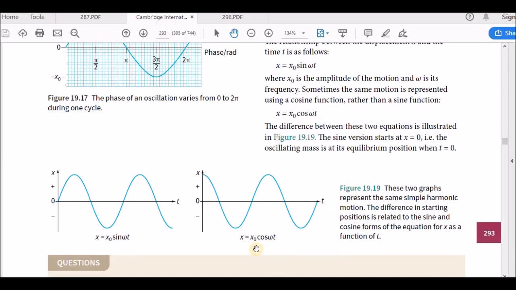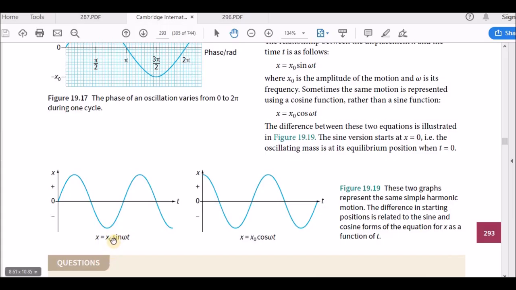If you start the timing when the displacement is maximum, then you will have this equation. If you start when the displacement is 0, you will have this equation, because this is a sine graph, and a sine graph passes through the origin. Here it's a cosine graph. A cosine graph has maximum displacement when the time is 0.